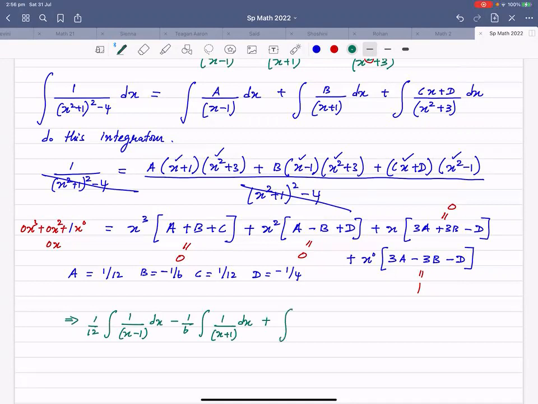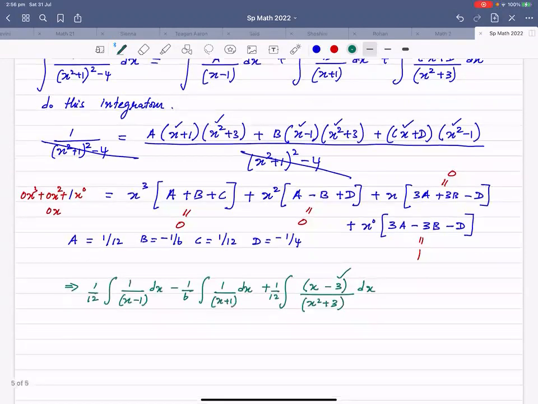C is 1 divided by 12. D is 1 divided by 4. So if I take 1 divided by 12 out, so it's going to be x minus 3, yeah? Divided by x squared plus 3. So I hope you understand what I'm saying here, right? I hope you understand why I do this, because once you multiply, you get the right value back.